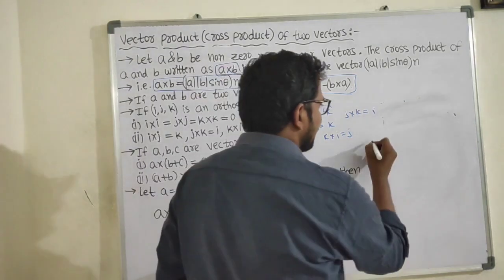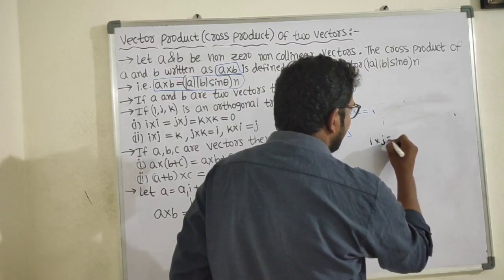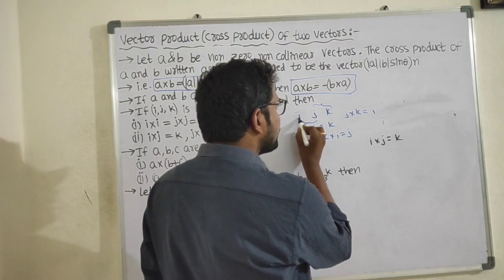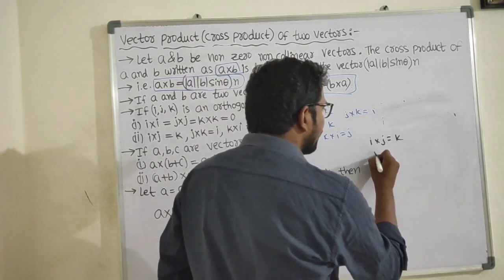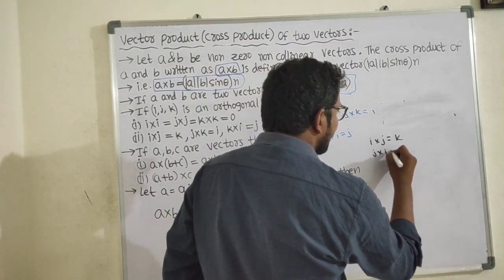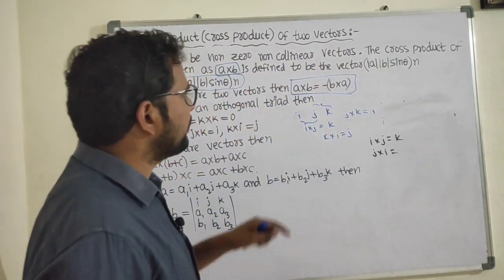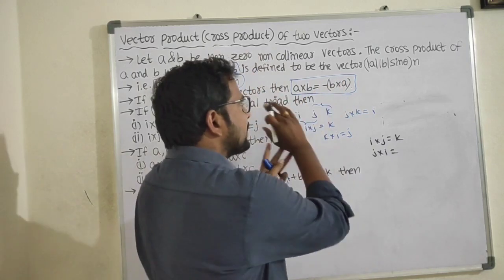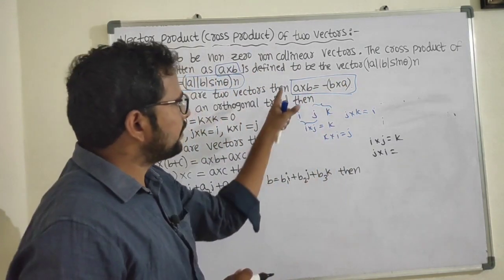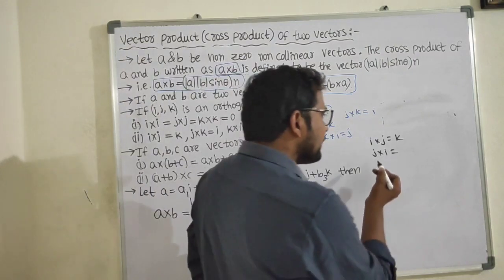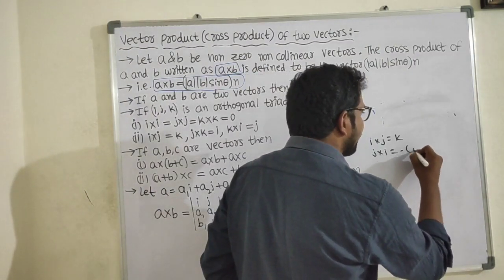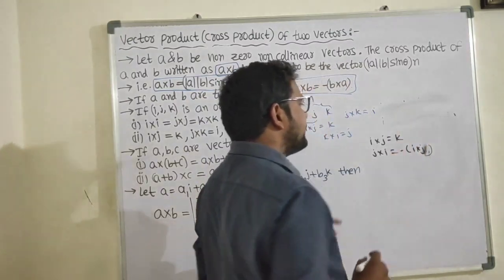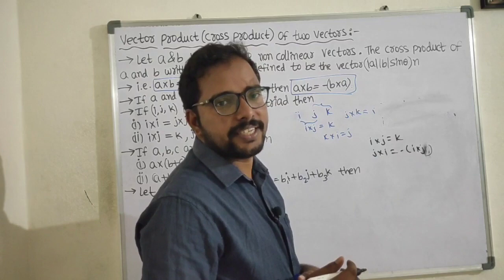If we write it in reverse order, we already know that a cross b is equal to minus b cross a. If we reverse the order, we take a negative sign. So j cross i is equal to minus i cross j, which is minus k.